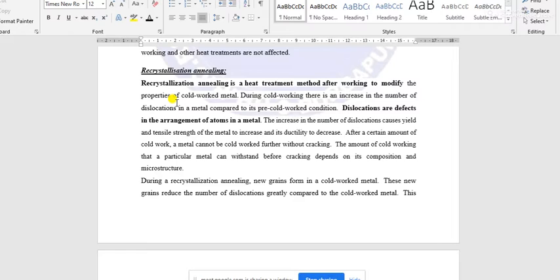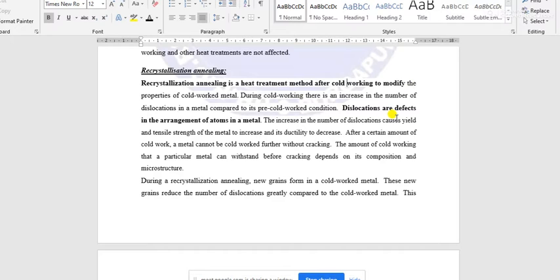Recrystallization annealing heat treatment is mandatory after the cold working method. I should write it: cold working or cold forming, same thing, cold working or cold forming.